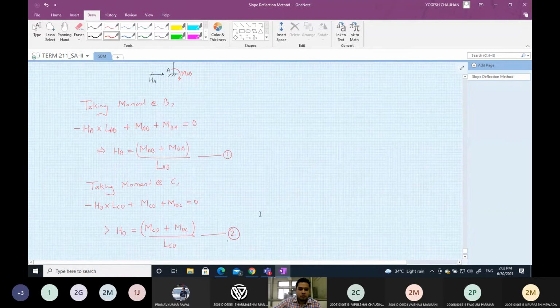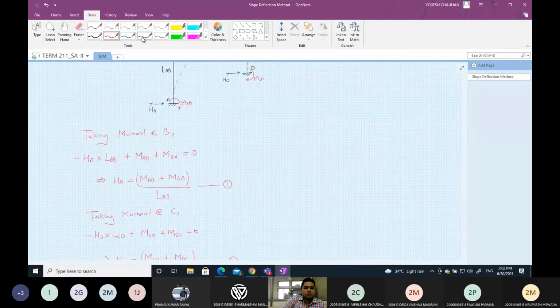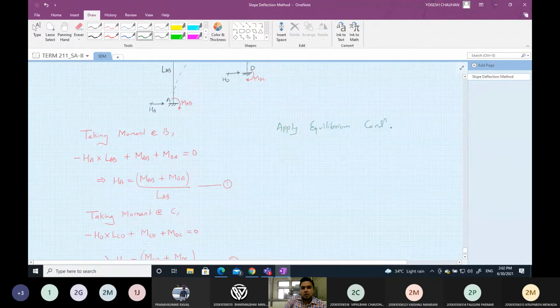Okay. Now we apply the equilibrium condition, that is summation of all the horizontal forces equals to 0.